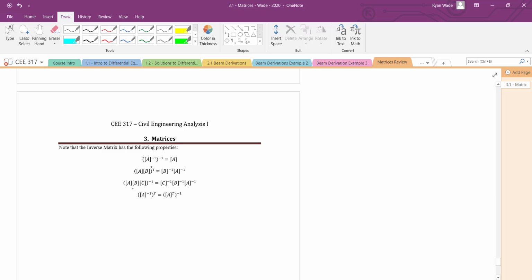The inverse of even 3 matrices multiplied together is their individual inverses multiplied by each other. And then the transposition of the inverse matrix is equal to the inverse of the transposed matrix, if that makes any sense.